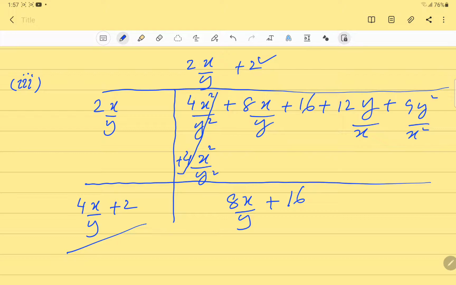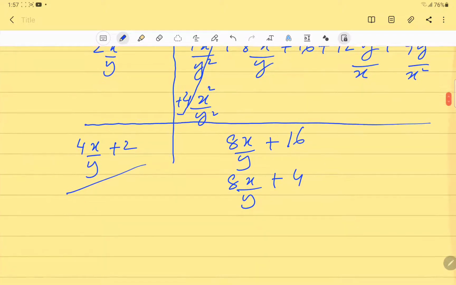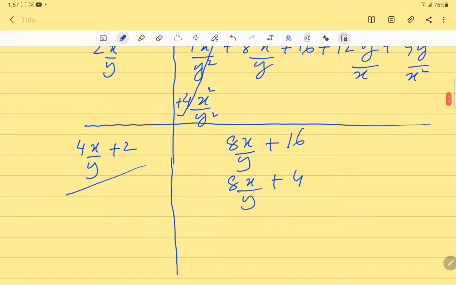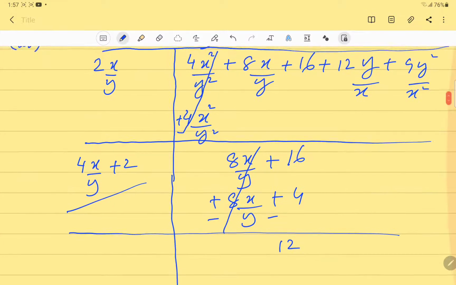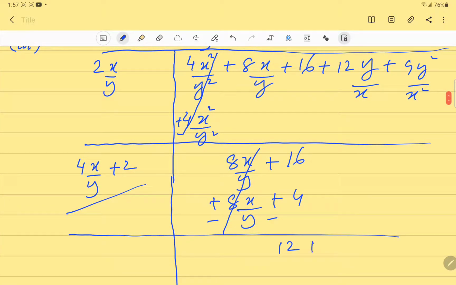So 2 into 4x over y is 8x over y, and 2 into 2 is 4. When we subtract, 8x over y cancels with 8x over y, 16 minus 4 is 12. We will bring down the next two terms, 12y over x plus 9y squared over x squared.